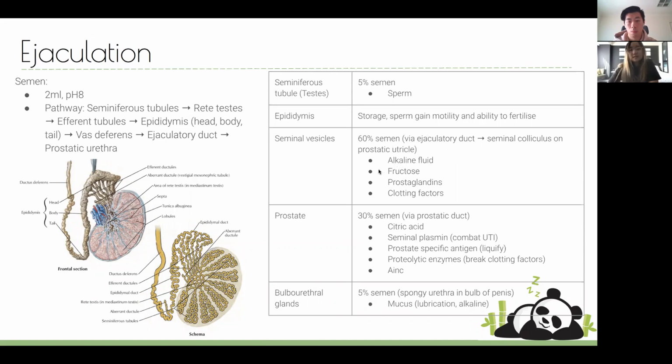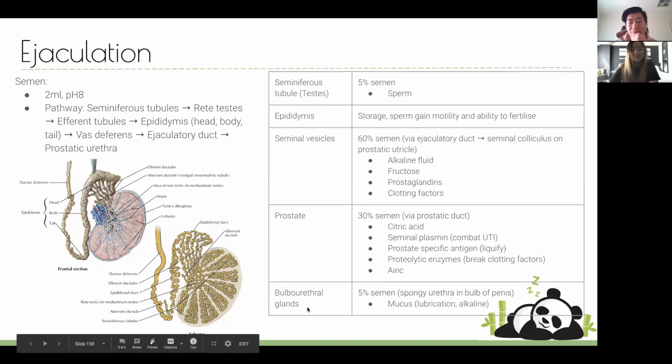That contains alkaline fluid, fructose, prostaglandins, clotting factors. And then the prostate releases prostatic fluid via the prostatic duct, which forms 30%, and that's got citric acid, seminal plasmin, PSA, proteolytic enzymes, zinc, and then the bulbourethral glands supply 5%, and that's just mucus for lubrication as well as some alkaline fluid.